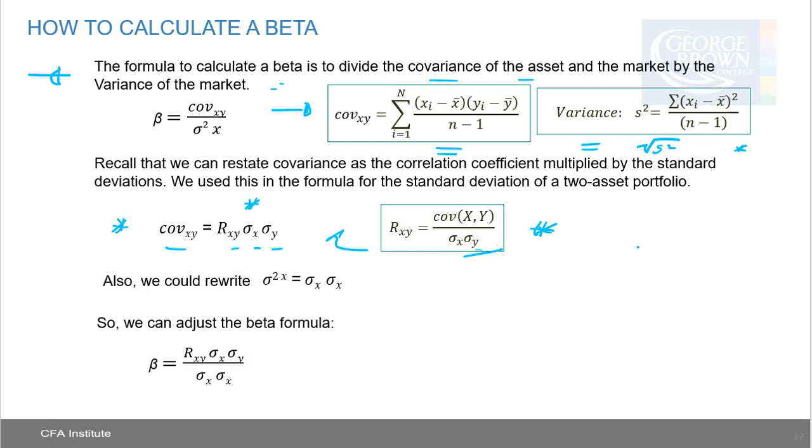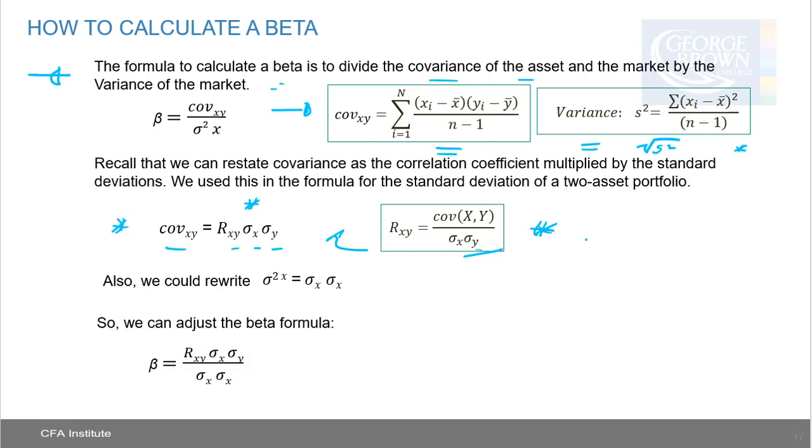You can see how it's coming together. This is why I want to go through very quickly how to calculate a beta, because we've done a lot of the math. The beta for an asset is the covariance between the asset and the market divided by the variance of the market. We've learned those calculations. And again, we looked at the standard deviation of the portfolio. Expected return for a portfolio is the weighted average, but portfolio standard deviation is not the weighted average unless the correlation was 1.